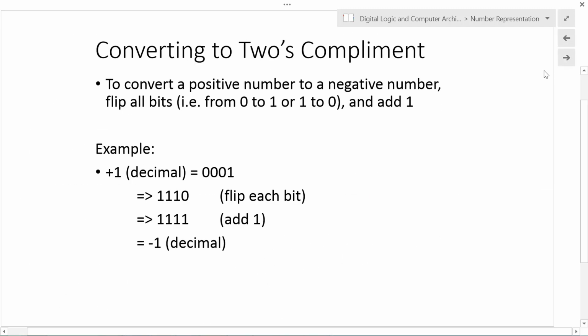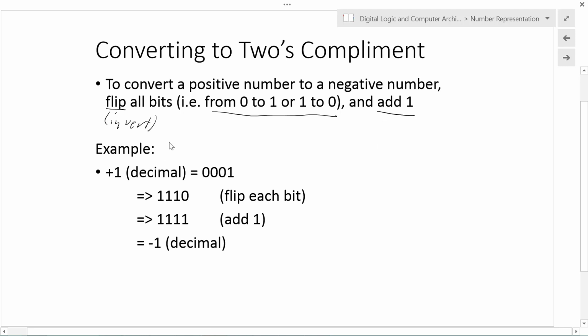So how do we convert a binary number from negative to positive or positive to negative? It's a two-step process where we first flip all the bits. So we invert all the bits, i.e. from 0 to 1 or 1 to 0. And then we add 1, a two-step process.